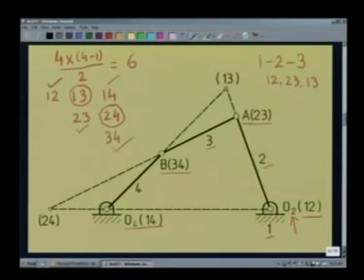Out of these 3, we have already determined 1,2 and 2,3. So 1,3 must be on the line joining 1,2 and 2,3, that is the line O2A. This line O2A must contain the 3rd instantaneous center, namely 1,3.